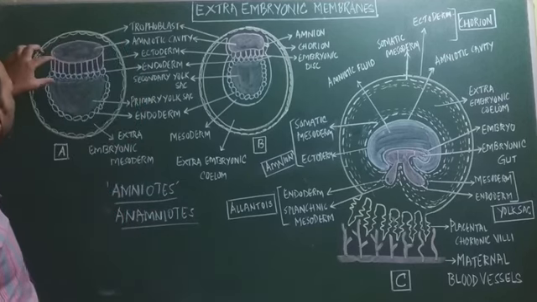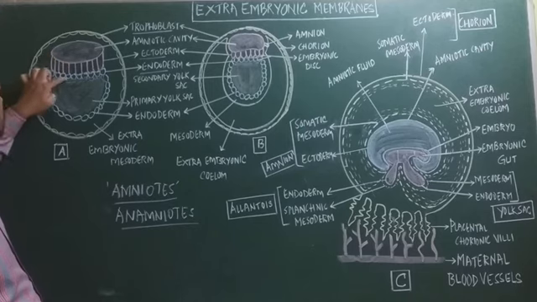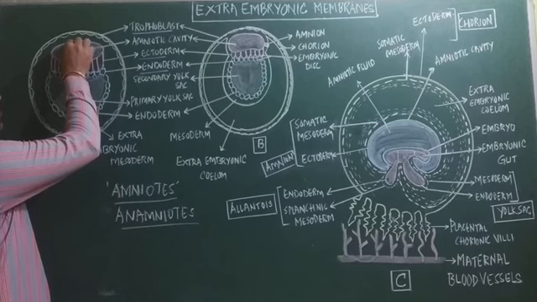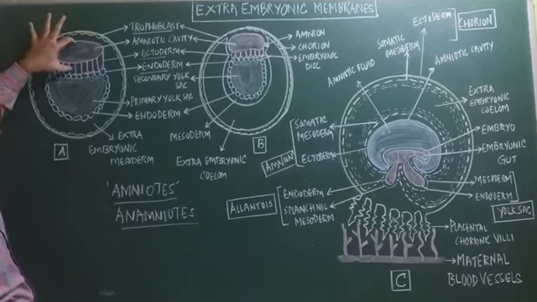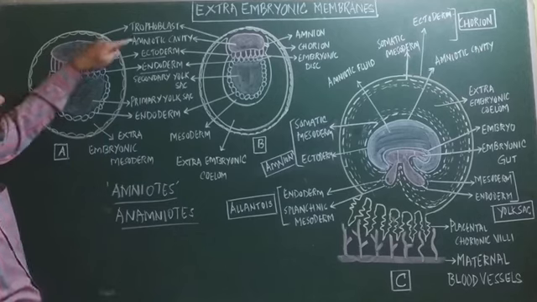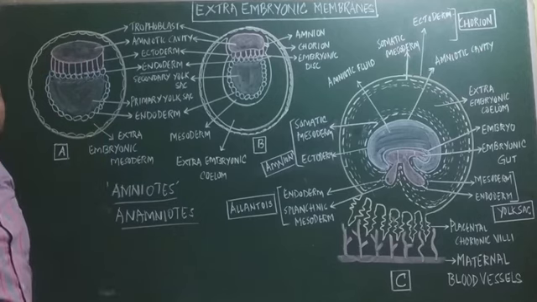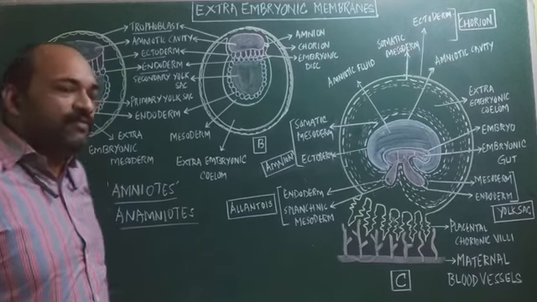The cells involved in the formation of this trilaminar embryonic disc are the epiblast cells and the hypoblast cells. In between the amniogenic cells and the epiblast cells there is a cavity called the amniotic cavity, and this amniotic cavity contains the amniotic fluid.